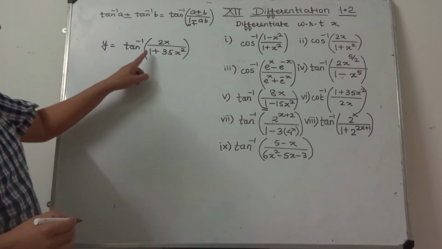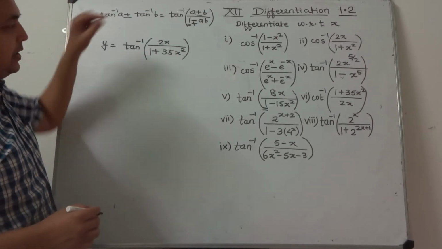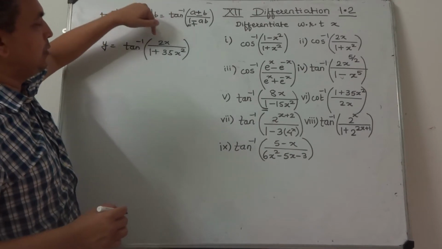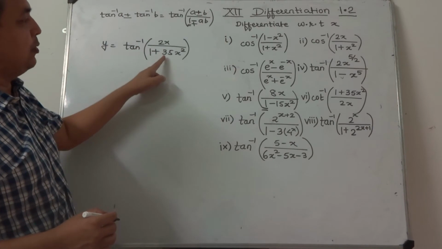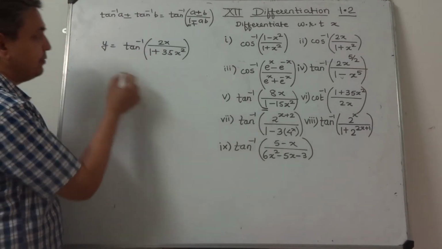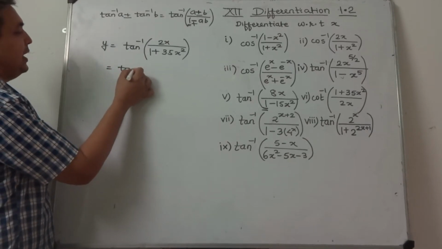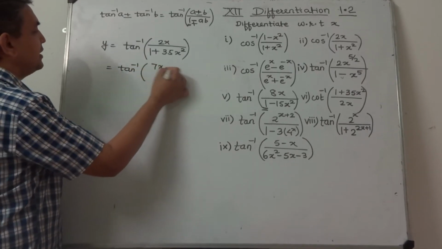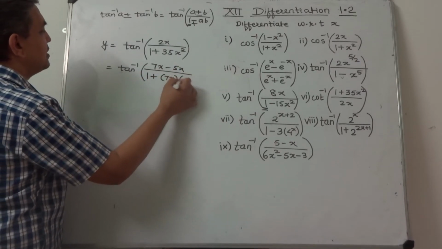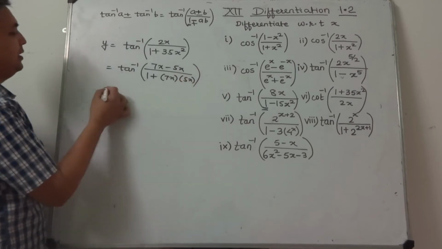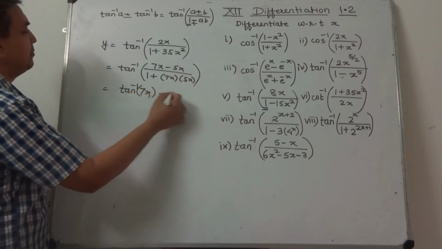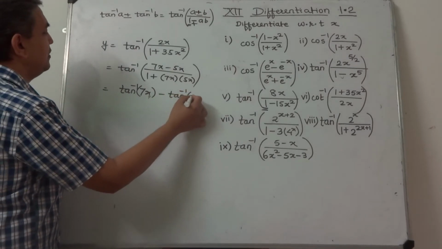Now again, the denominator is 1 plus, so there should be subtraction in the numerator. So we want two factors whose subtraction is 2x and product is 35x square. Can we think of 7 and 5? So we can directly write the answer 7x minus 5x upon 1 plus 7x into 5x, and that is the formula tan inverse of 7x minus tan inverse of 5x.